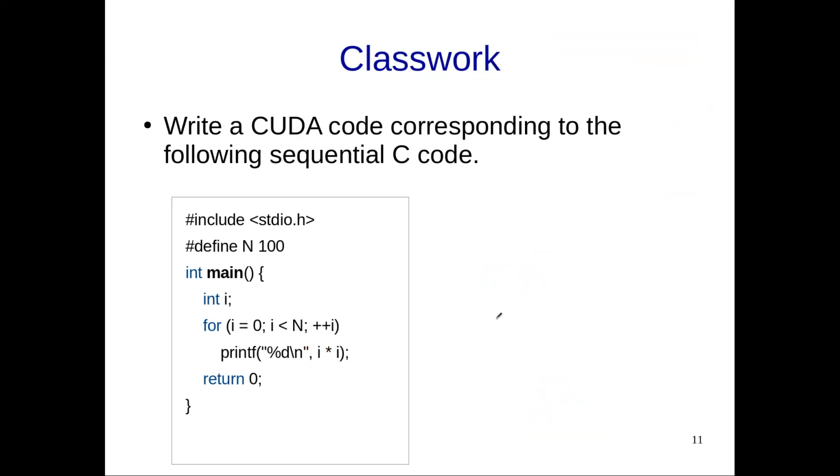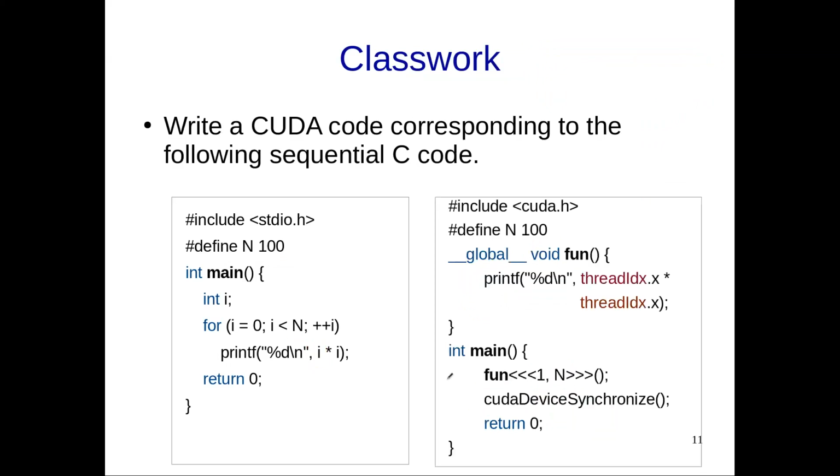So that gets done by passing 1, n to the kernel launch configuration. This we call the kernel launch configuration. So there are n threads that this kernel launches, and now I am using a variable called threadIdx.x, which tells me what my ID is as a thread.